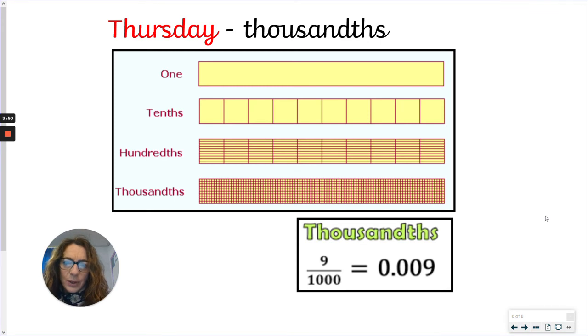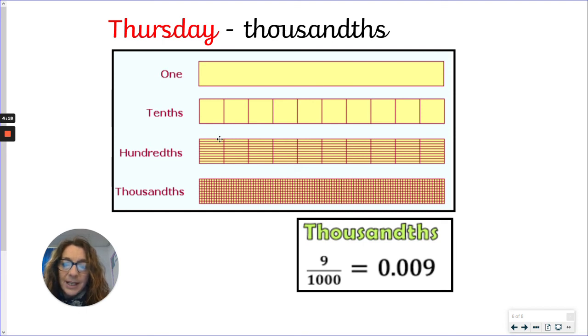On Thursday, you're going to focus in a little bit more on thousandths. You're going to be thinking about how thousandths relate to hundredths and tenths. And if you look at the diagram on the screen, we can see that we have one whole. If we divide that one whole into 10 equal parts, then we have tenths. If we divide each tenth into 10 equal parts, then our whole is divided into 100 equal parts, or hundredths.